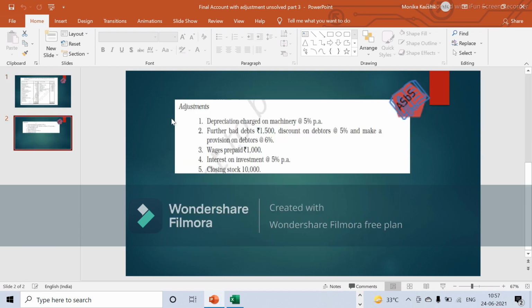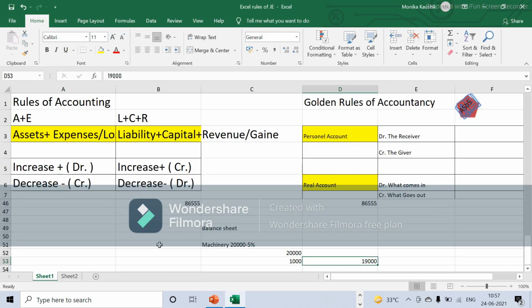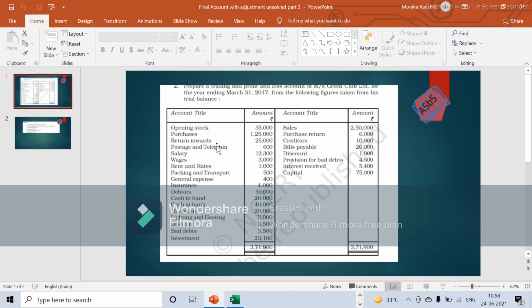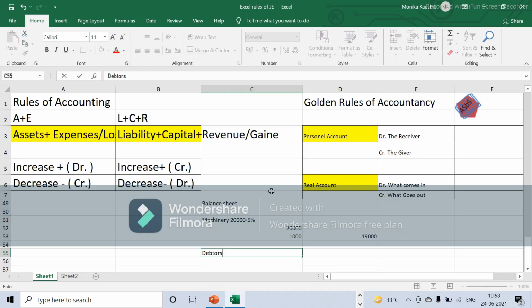Now look at the next adjustment. This is for the bad debts. So this is the bad debts entry. For this I am just taking the debtors first, because in debtors we will have to make a lot of adjustments. Debtors, how much is given in the trial balance is 50,000.